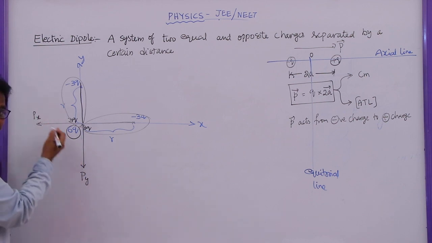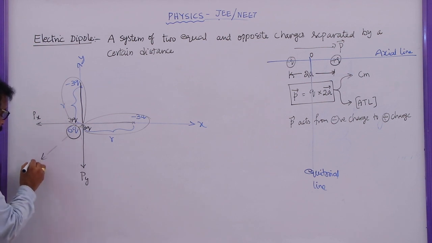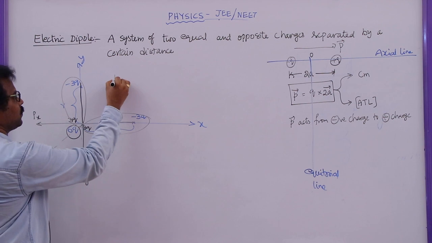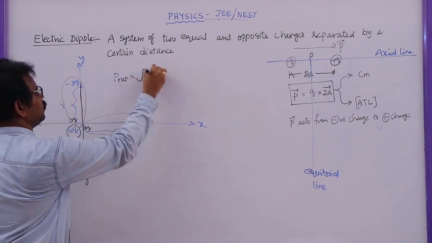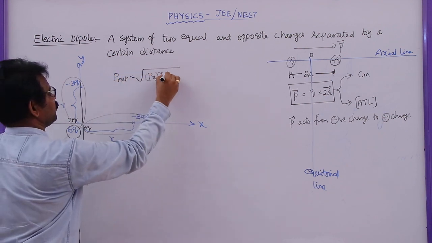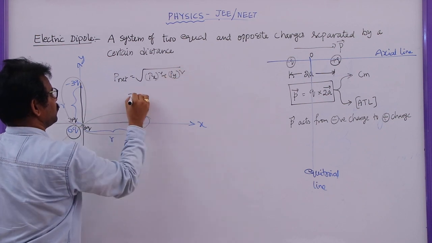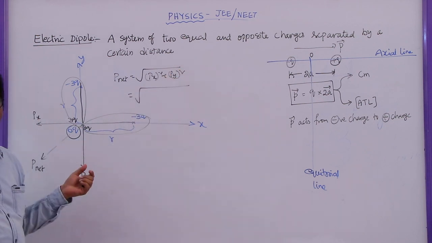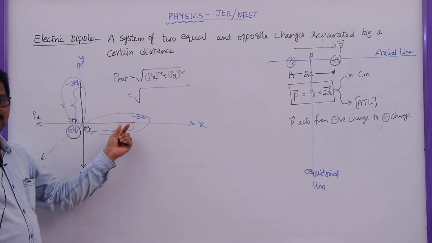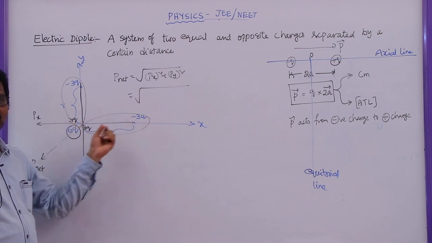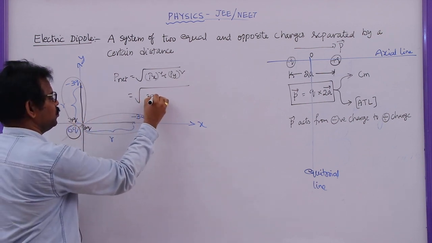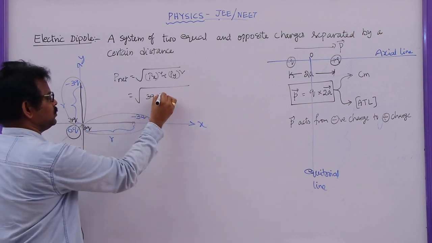Now the resultant of these two is given by the net dipole moment P net. So how do we find P net here? P net is equal to root over Px square plus Py square. What is Px? In this dipole, take the magnitude of any one of the charges, that is 3q, into the distance between the two charges r.